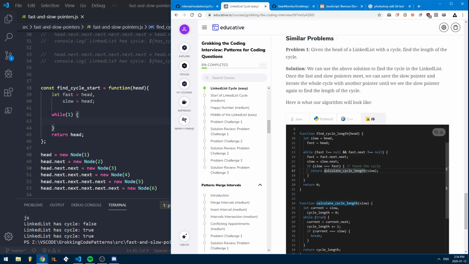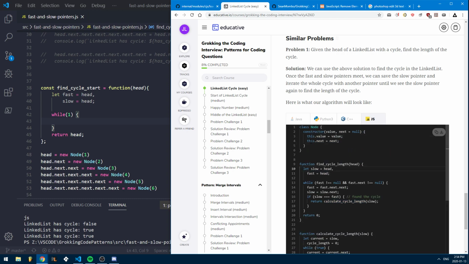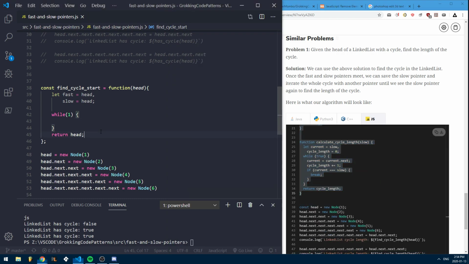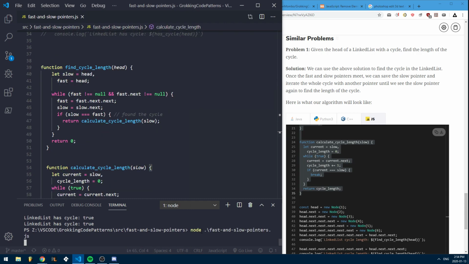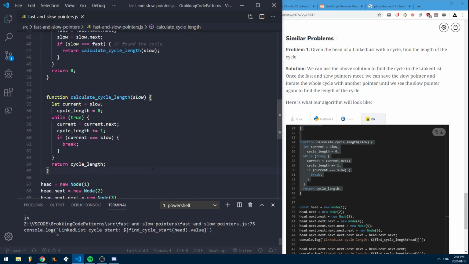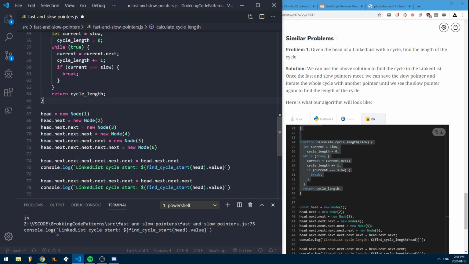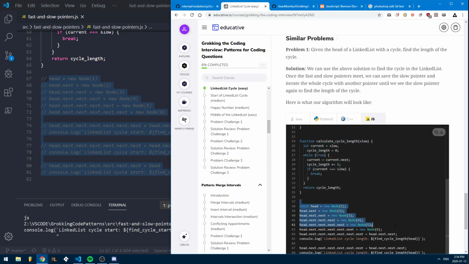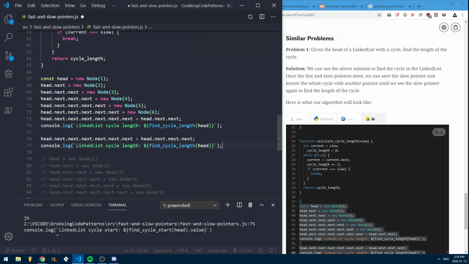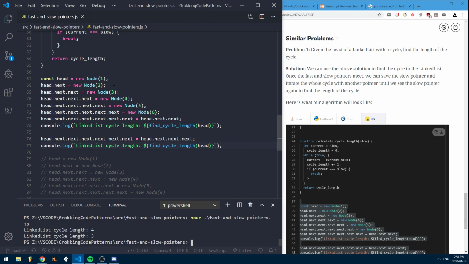Calculate cycle. Find cycle length. Okay, cycle is 4 and cycle is 3.